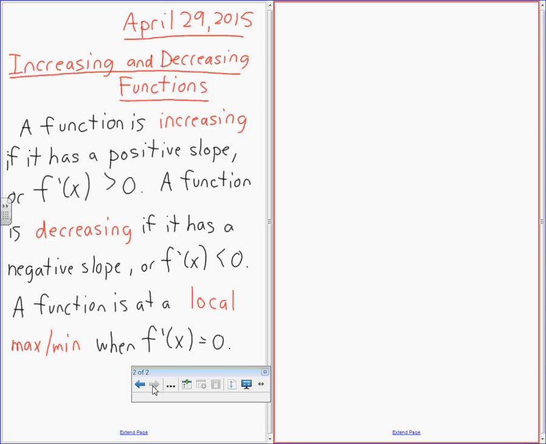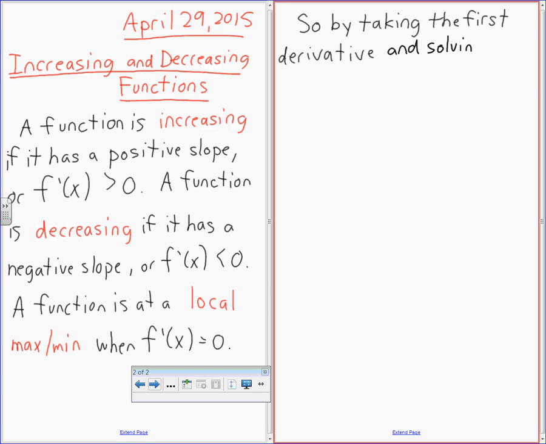We'll say, by taking the first derivative and solving the inequality, you can find periods of increase and decrease.